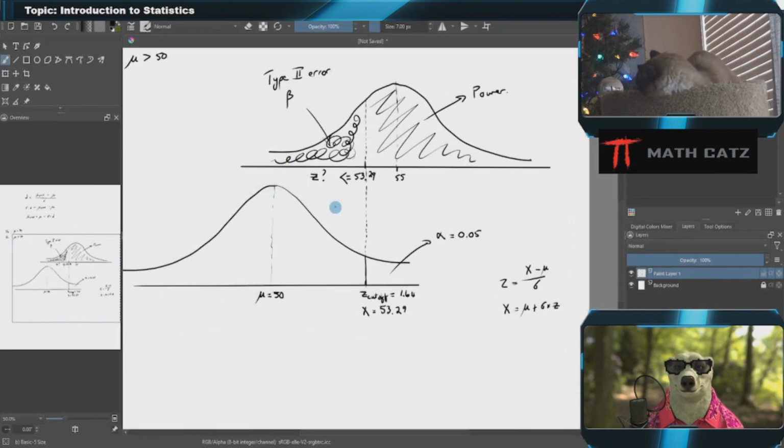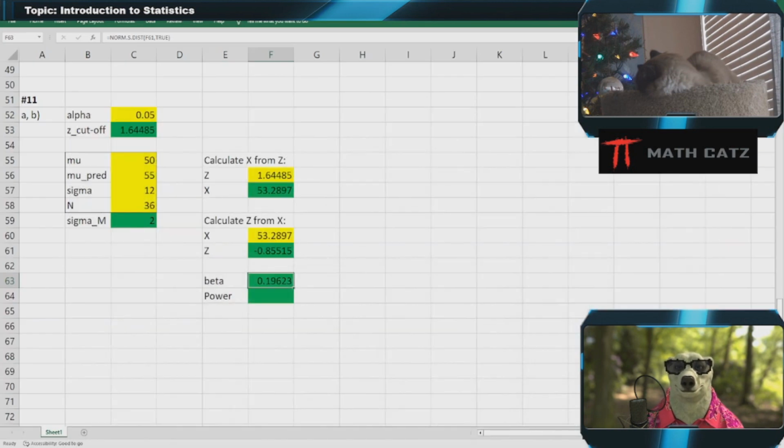Now, I would write it on there, but I can write with a mouse, but it looks absolutely terrible. So let's not do that. So that's this area over here. What was it? 0.19623. Then the power is simply 1 minus that.